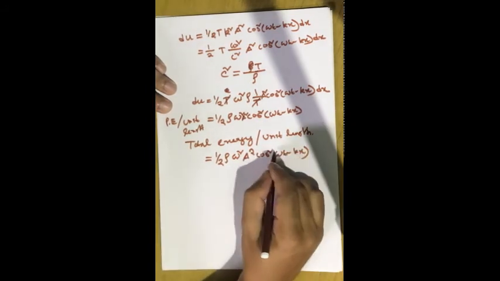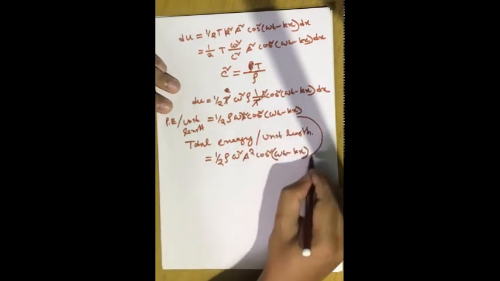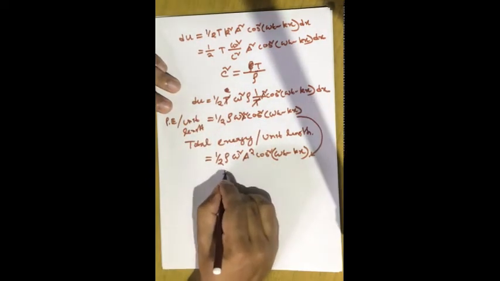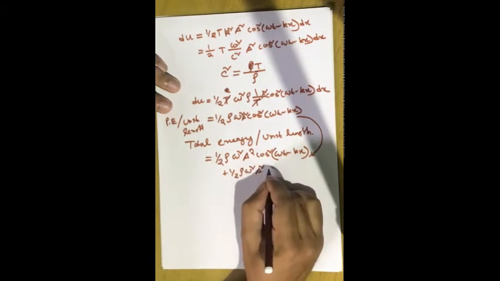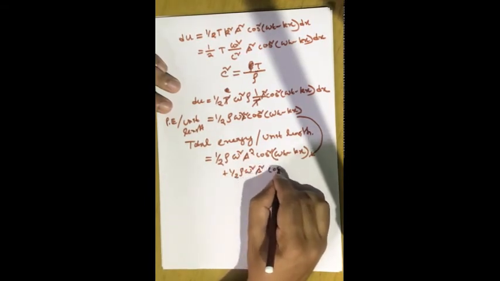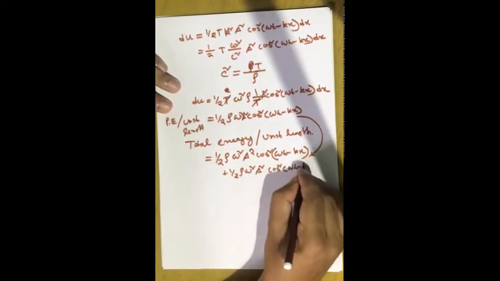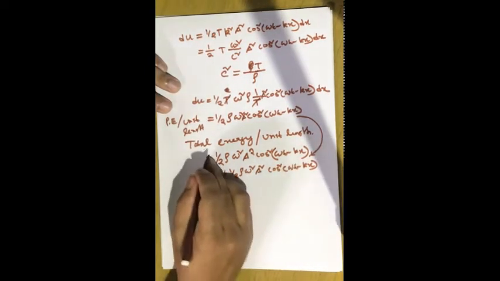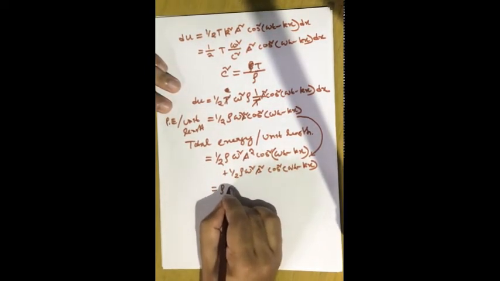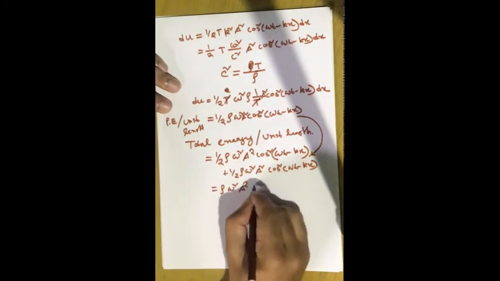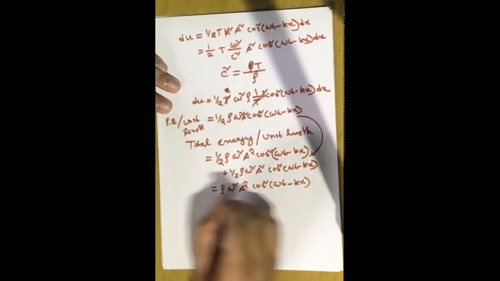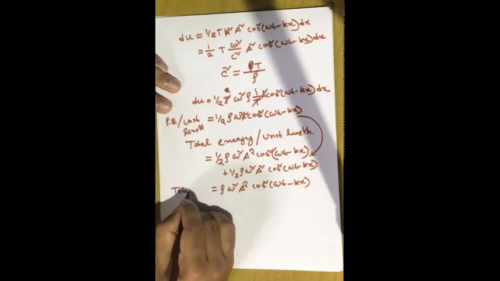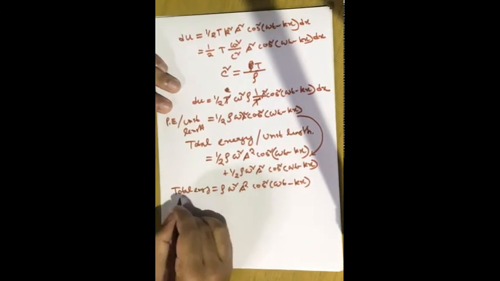And now as you can see, the potential energy is also the same: half rho A square omega square cos square (omega t minus kx). So half plus half will be 1, so rho omega square A square cos square (omega t minus kx). This is the total energy per unit length of the string.